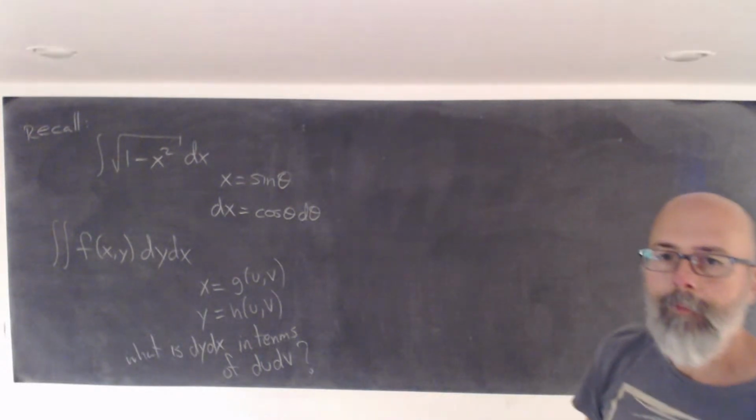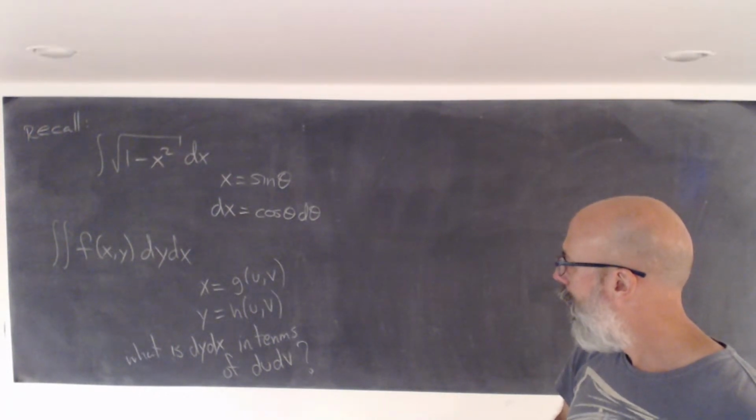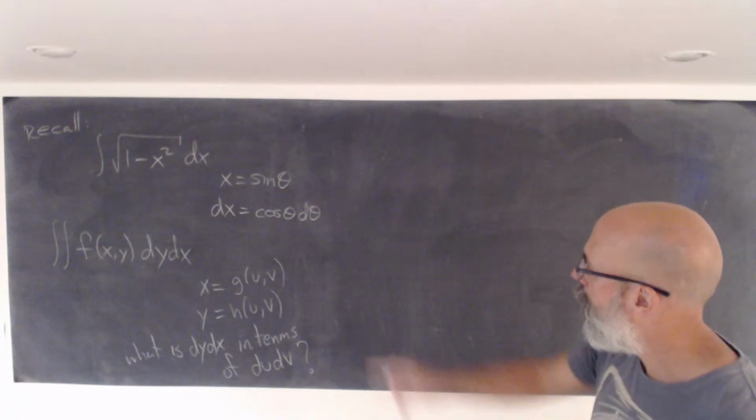That's the question. What is dx dy in terms of du dv?